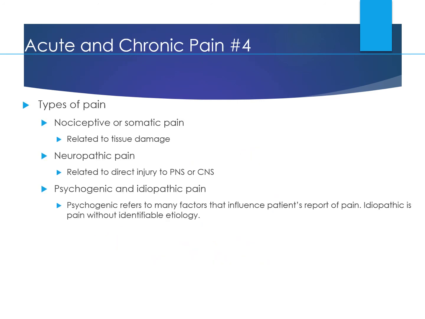There are also types of pain: nociceptive or somatic pain, which is related to tissue damage; neuropathic pain, which is related to direct injury to the CNS; and psychogenic pain, which refers to many factors that influence the patient's report of pain. Idiopathic is pain without an identifiable etiology.